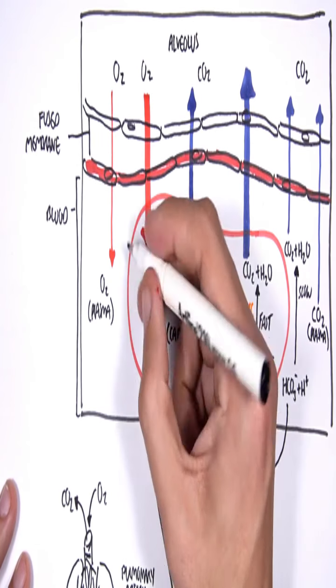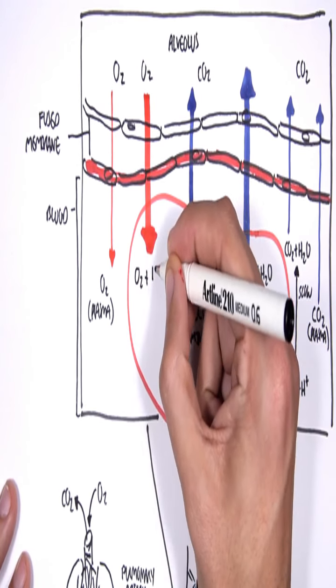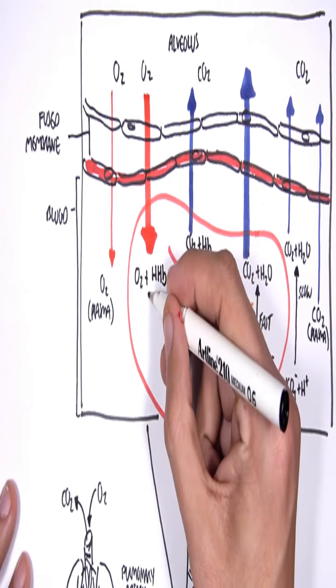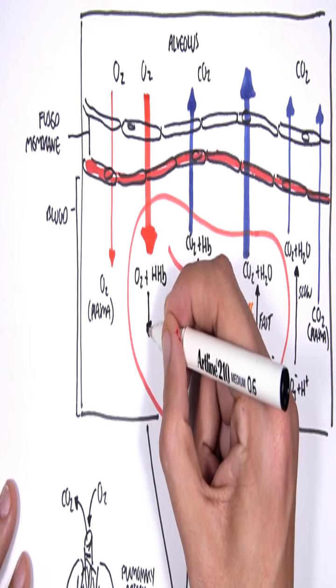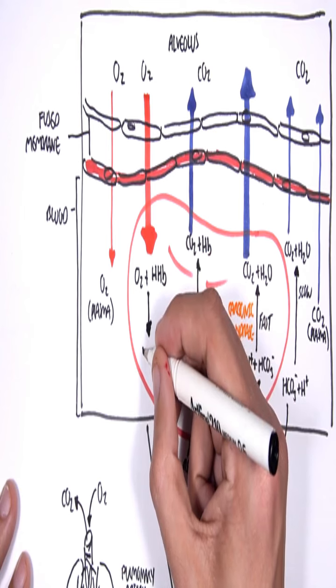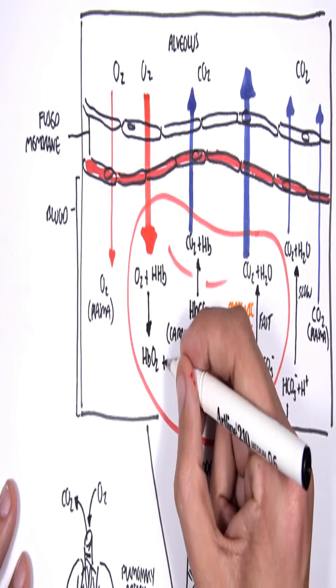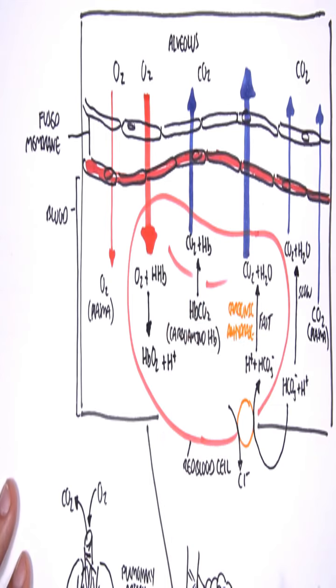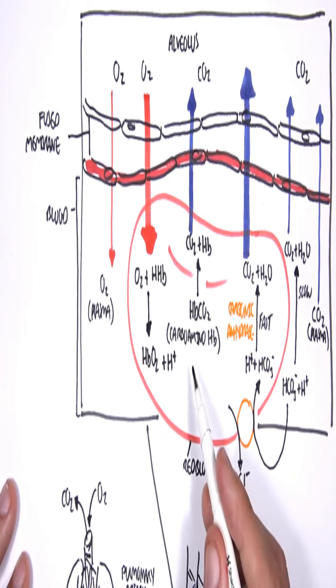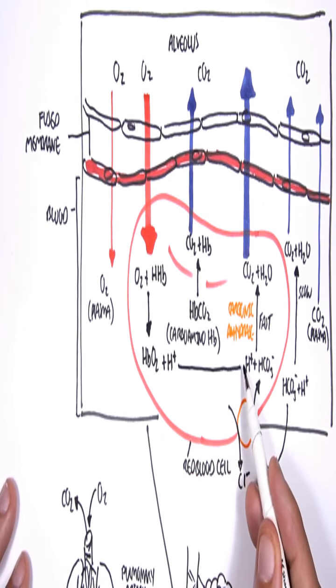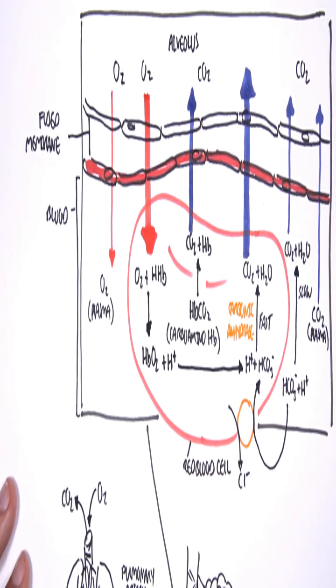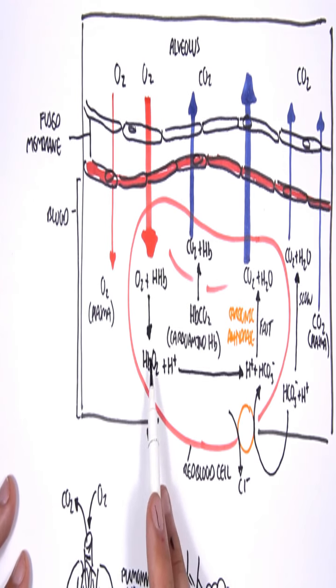However, most of the oxygen will actually enter the red blood cell and then bind to hemoglobin, well, hydrogen-bound hemoglobin, and then this will form essentially your oxyhemoglobin. And so this hydrogen ion is the hydrogen ion that supplies the bicarbonate reaction here.